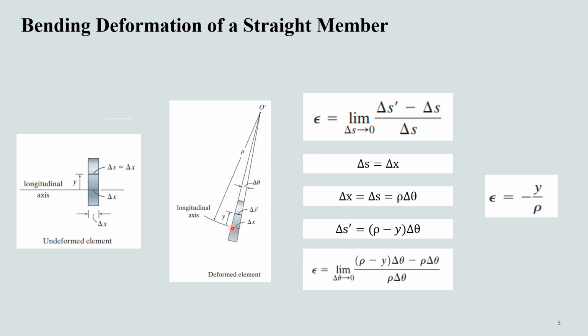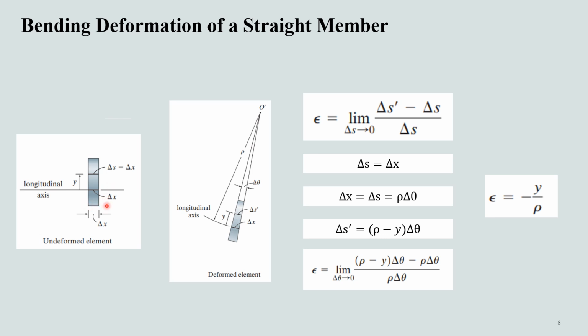In other words, for any specific cross section, the longitudinal normal strain will vary linearly with y from the neutral axis. A contraction will occur in fibers located above the neutral axis if we have positive bending. Just remember this. Whereas elongation will occur in fibers located below the axis.